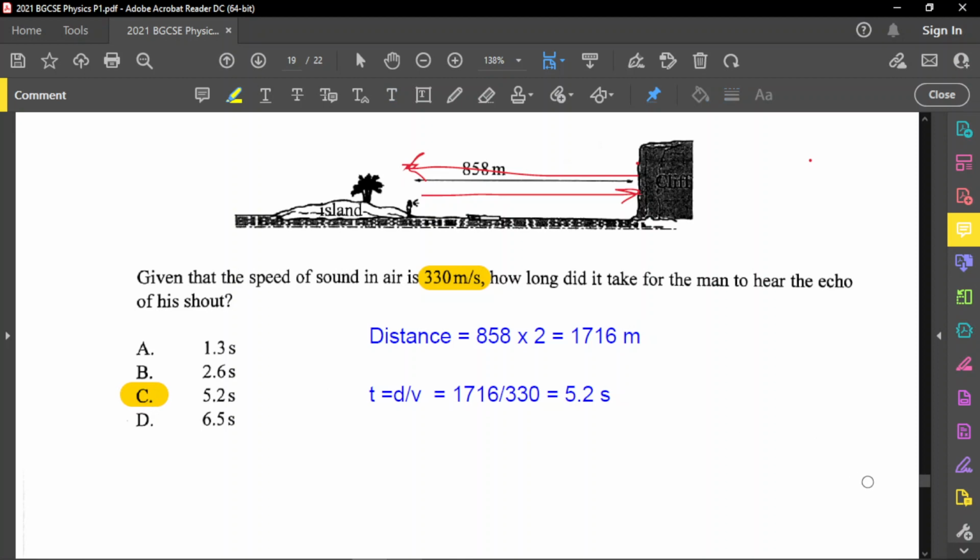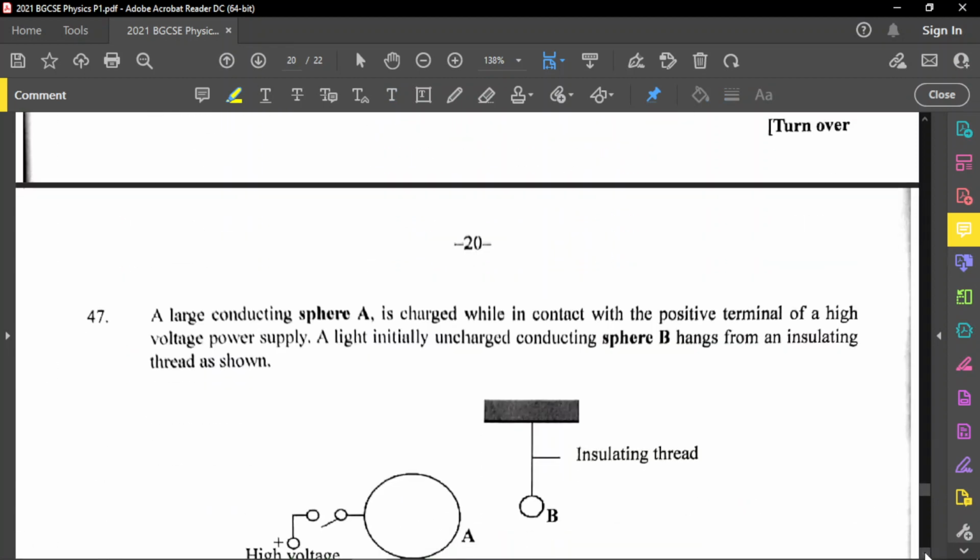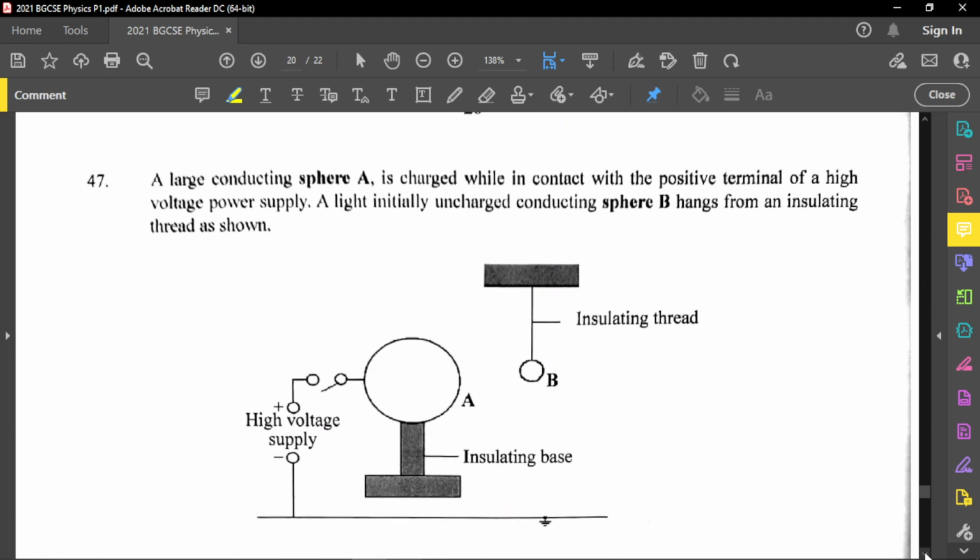All right, so let's go to the next question now. We're almost there for real this time. And so we're at 47, which is very close in sight. A large conducting sphere, A, is charged while in contact with the positive terminal of a high voltage power supply. A light initially uncharged conducting sphere, B, hangs from an insulating thread as shown.